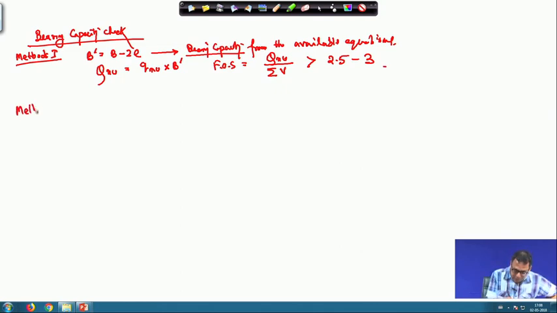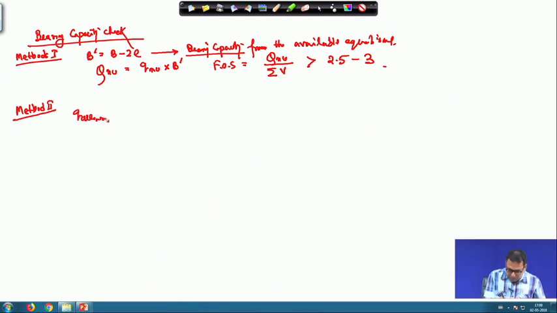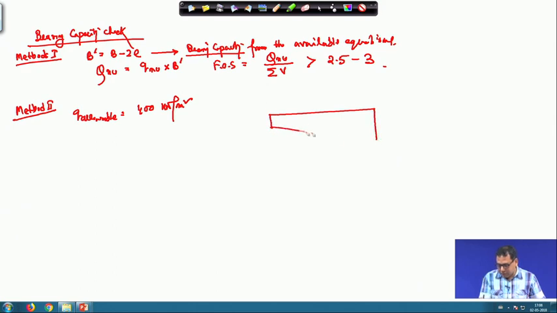In method 2, the bearing capacity value is already given, because this is Q allowable, given as 400 kilonewton per meter square. Here, as we know, the soil stress distribution is like this because of the eccentricity.